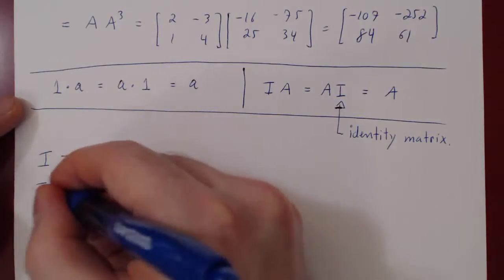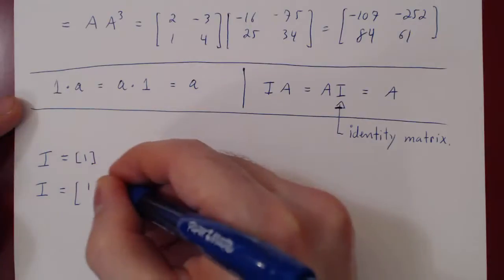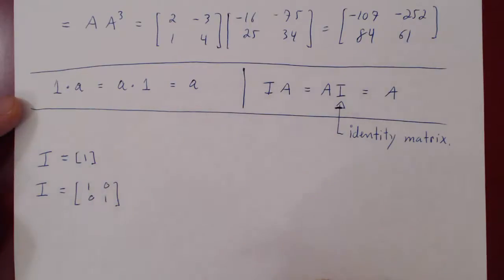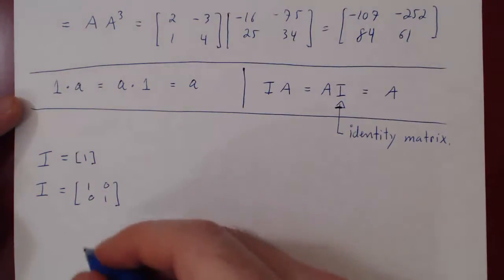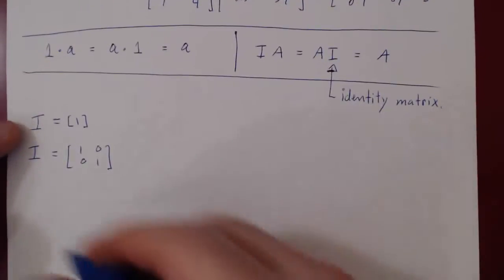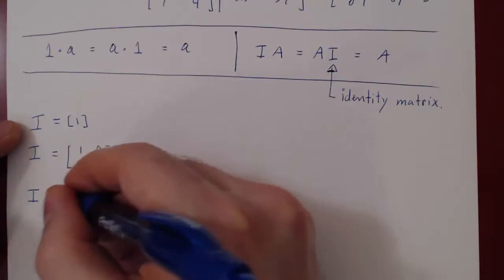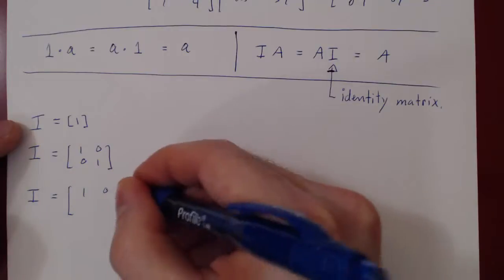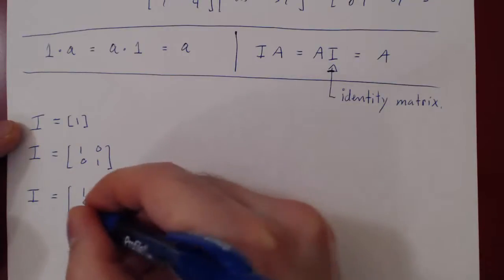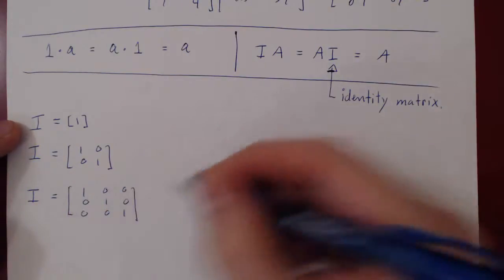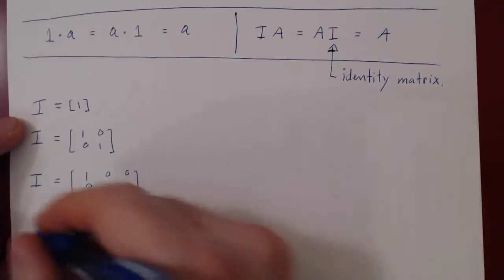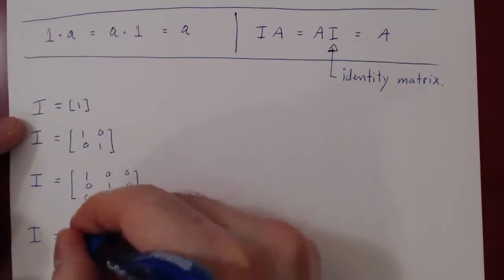If A was 2 by 2, I would be the matrix 1, 0, 0, 1. If A would be 3 by 3, I would be a 3 by 3 matrix 1, 0, 0, 0, 1, 0, 0, 0, 1. If A were 4 by 4, I would be a 4 by 4 matrix.